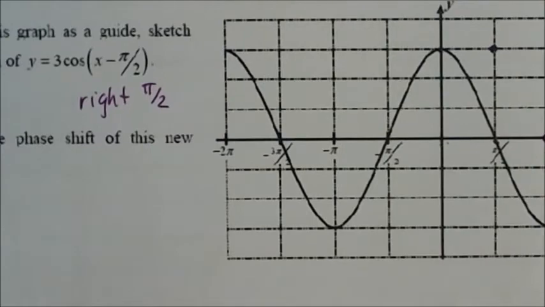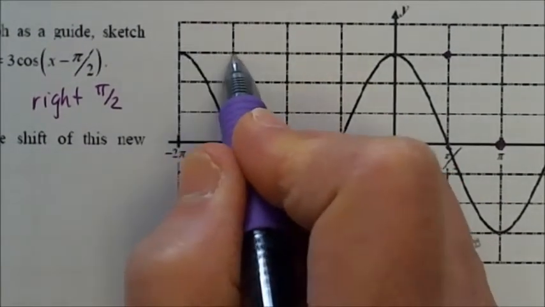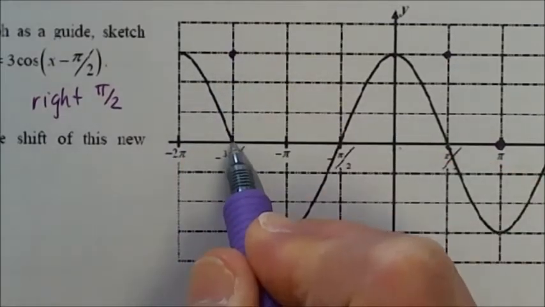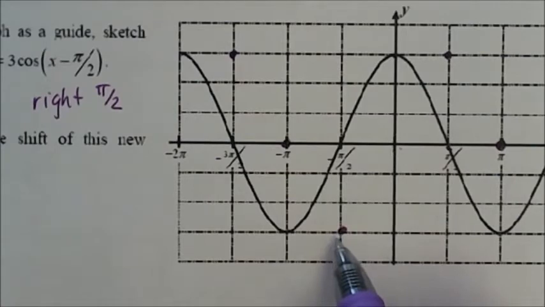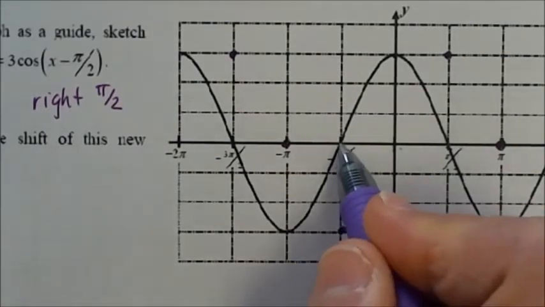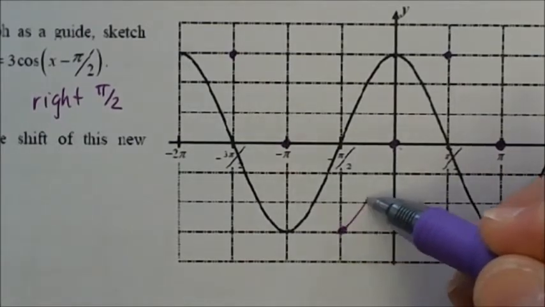Okay. And let's go way back to the left here. Take the point, shift over, pi over 2. Shift to the right, pi over 2. Shift to the right, pi over 2. And shift to the right, pi over 2. Okay. And now let's connect these.